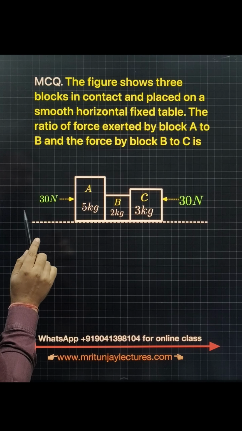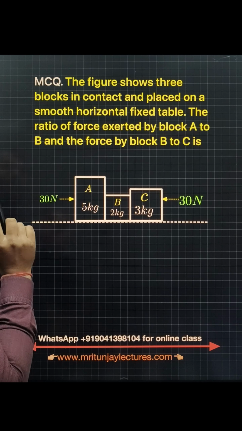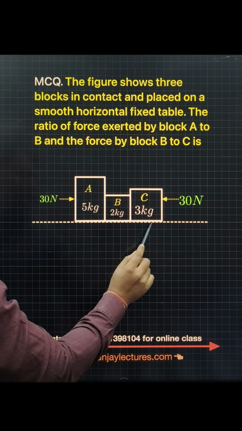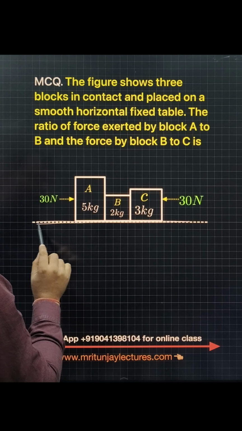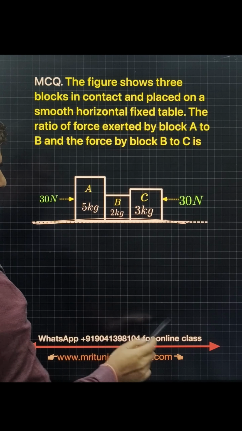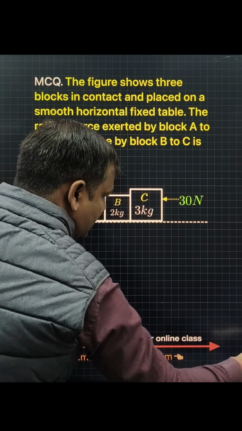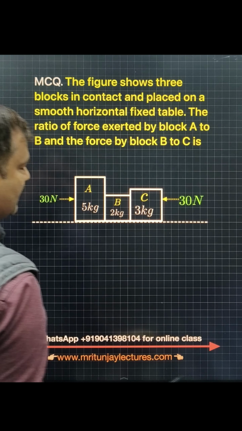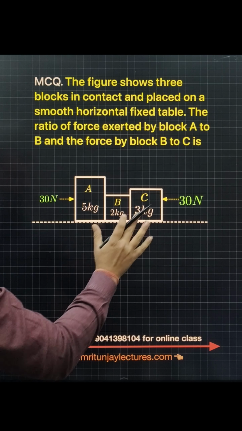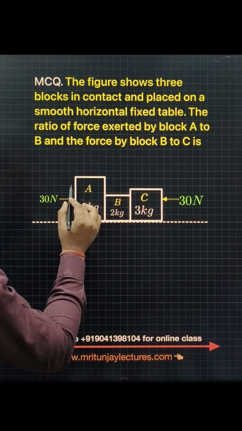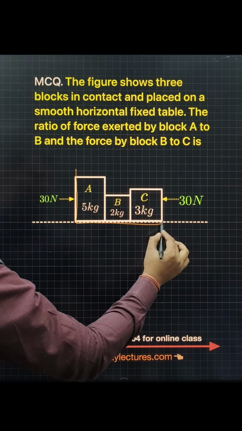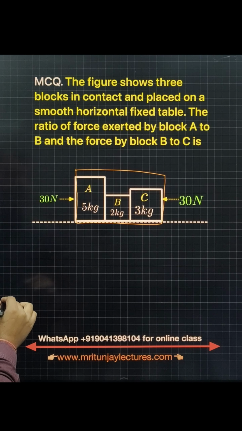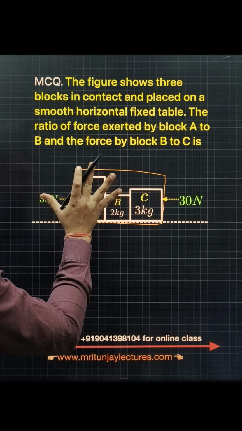So how can we determine? First of all, according to the question, this is a smooth horizontal surface. It means no frictional force is available here. Clear? After that, what if we consider these three as a single block? So what is the net force on that block?